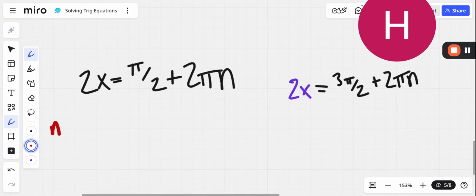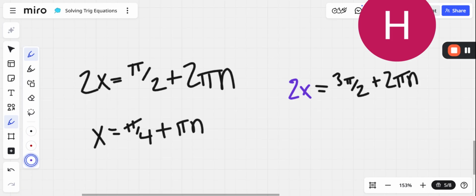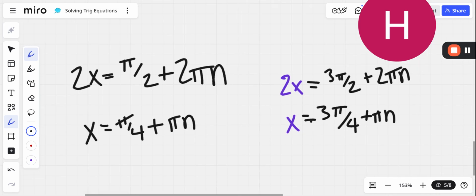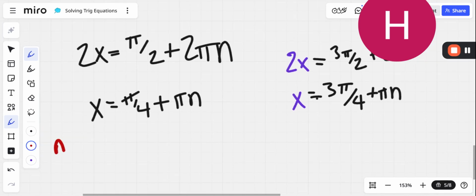If n equals 0, actually let's progress a little bit further. Pi over 4 plus pi n, we get this by dividing both sides by 2. And x equals 3 pi over 4 plus pi n. Okay, now we're ready to plug in values for n. At n equals 0, we get pi over 4, and we also get 3 pi over 4.